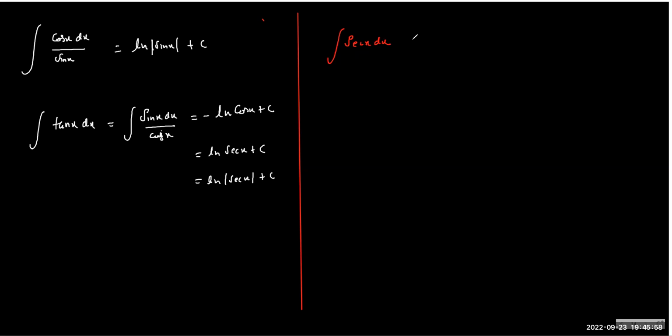So you can do it in multiple ways. You can write this as 1 by cos x dx, but still nothing comes to my mind. So can we write 1 as sin square x plus cos square x?